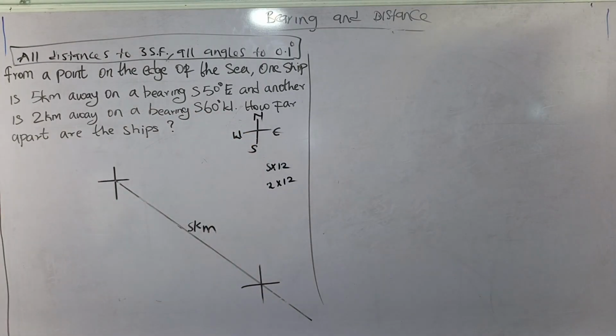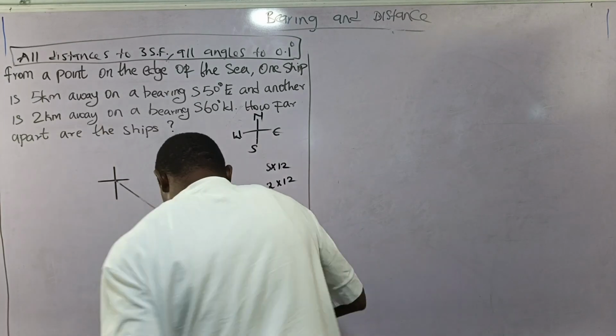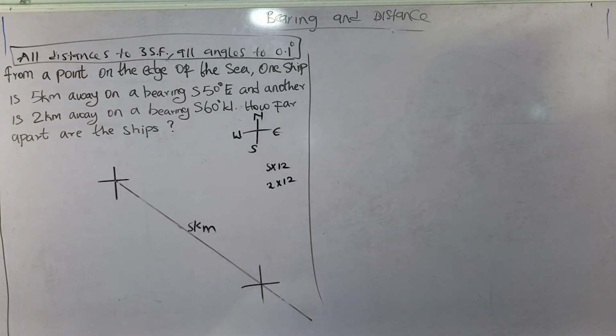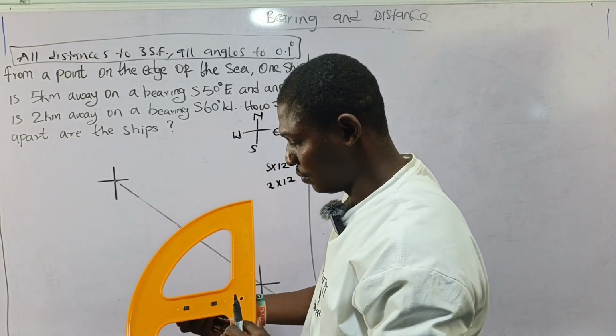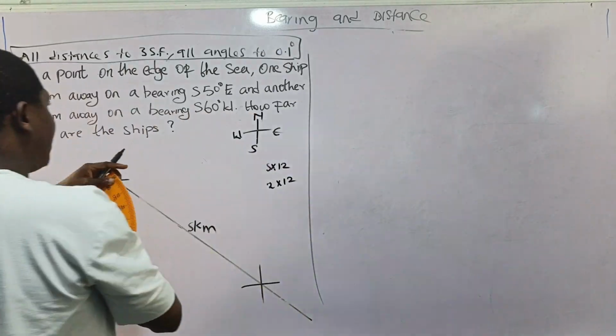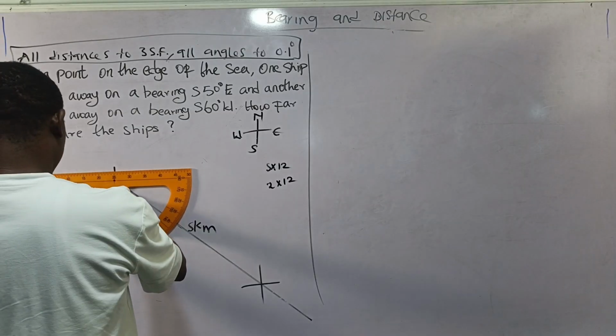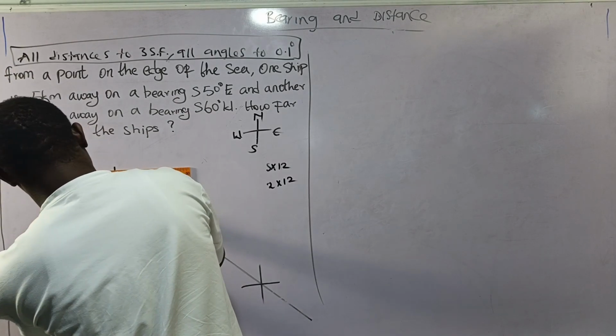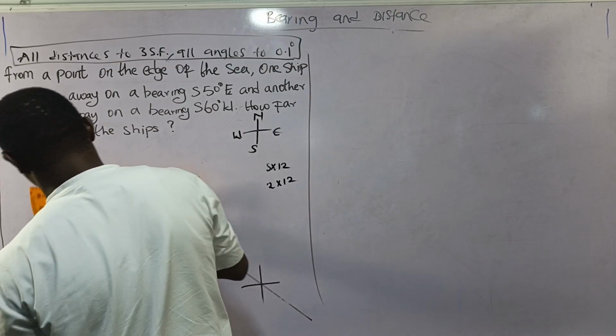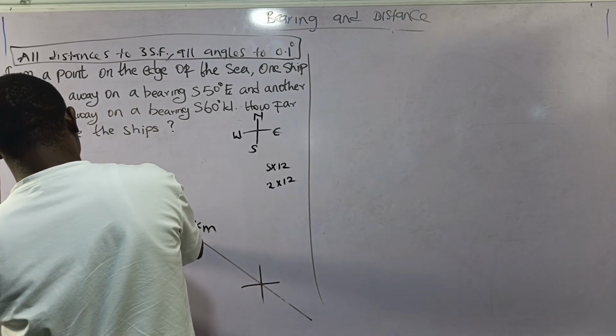East. So I'm to get my 30 degrees. So I simply have my 30 degree here. It's my 30 degree this time. So I'll rule it long as well.